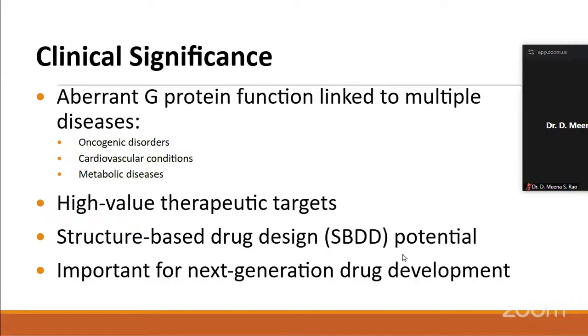So directly they become high value therapeutic targets, and using structure based drug design, there is a very high potential that we can discover new leads for these target molecules. These G proteins, therefore, are important links for the next generation drug development process.